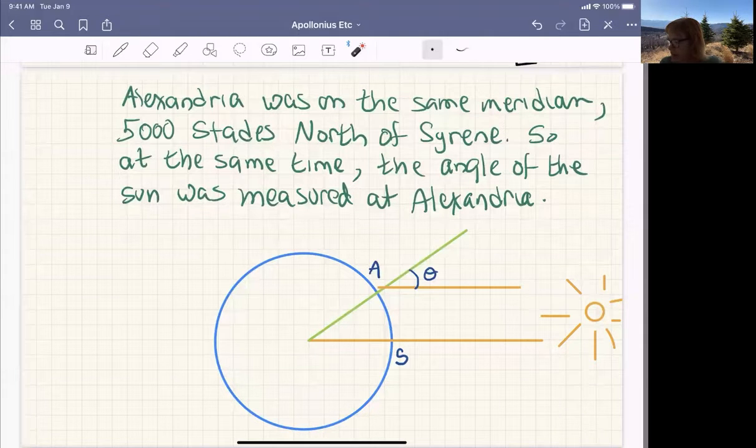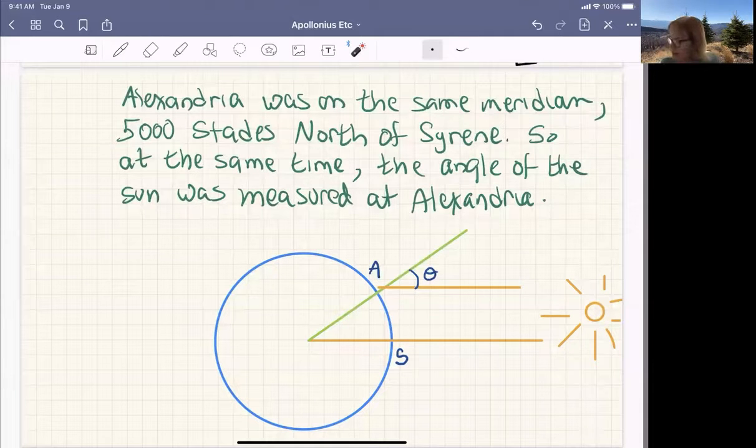Okay, so Alexandria was on the same meridian, and so 5,000 stades north of Cyrene. The sun is directly overhead in Cyrene, but it's not directly overhead in Alexandria, where Eratosthenes was.